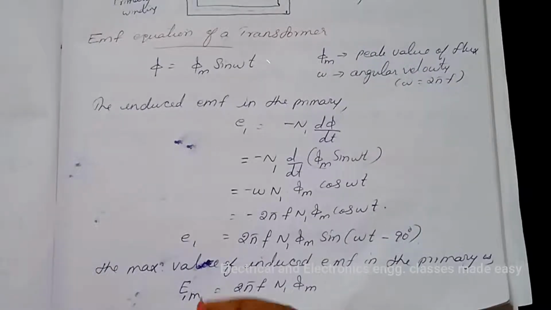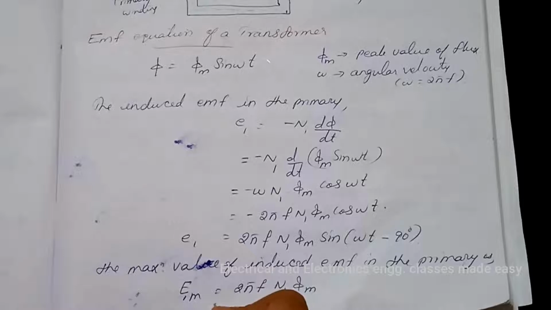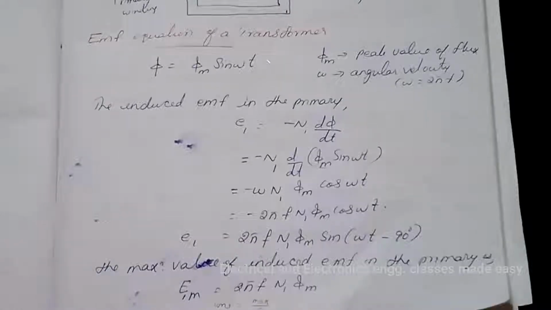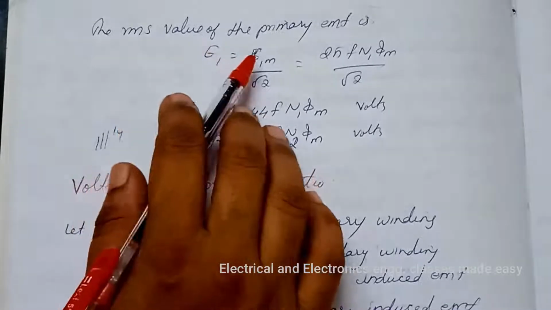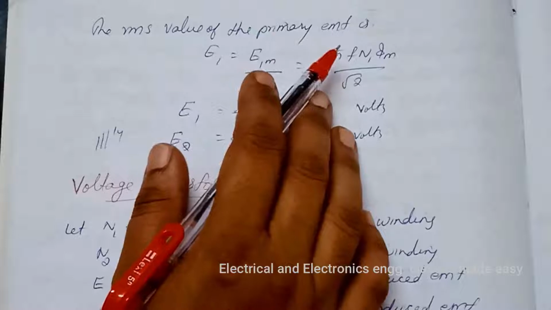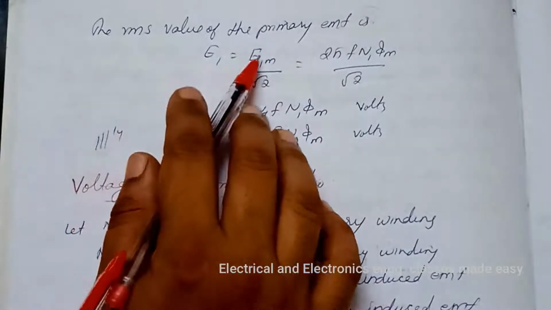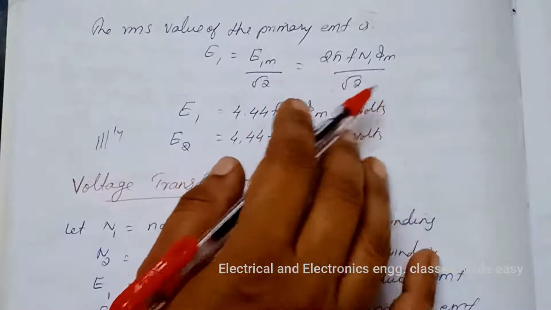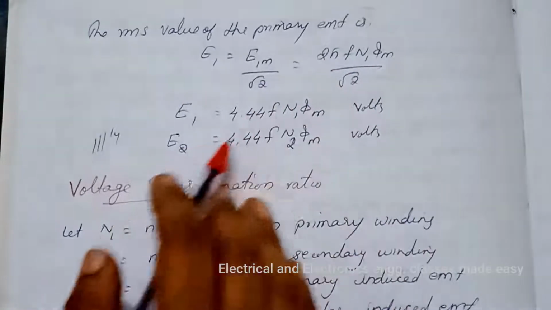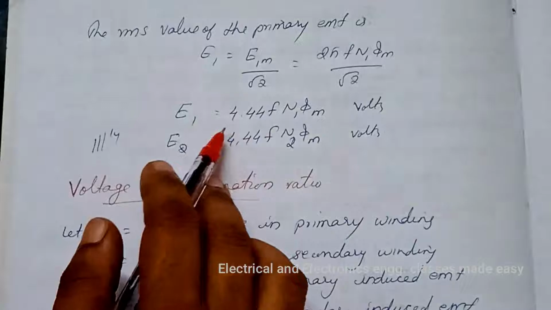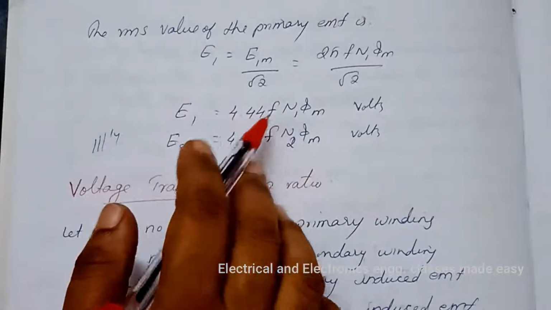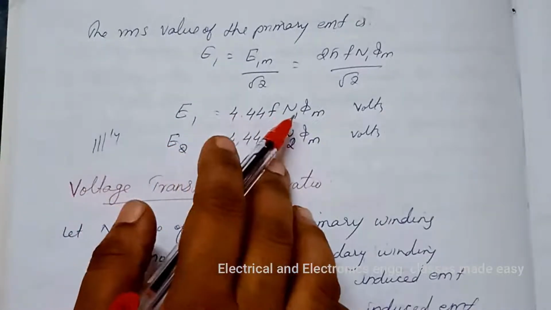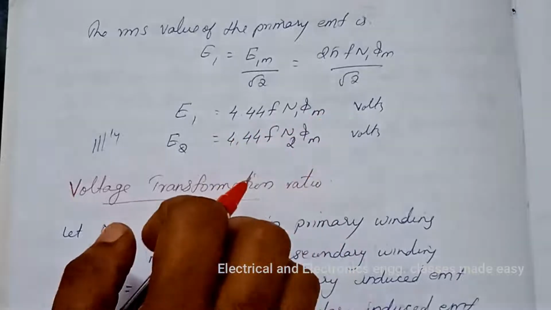This is the maximum value, and the RMS value is the maximum value divided by root 2. That is, the RMS value of the primary EMF is E1 equal to E1m divided by root 2, that is, 2 pi f N1 phi m divided by root 2. From this we get E1 equal to 4.44 f N1 phi m volts.